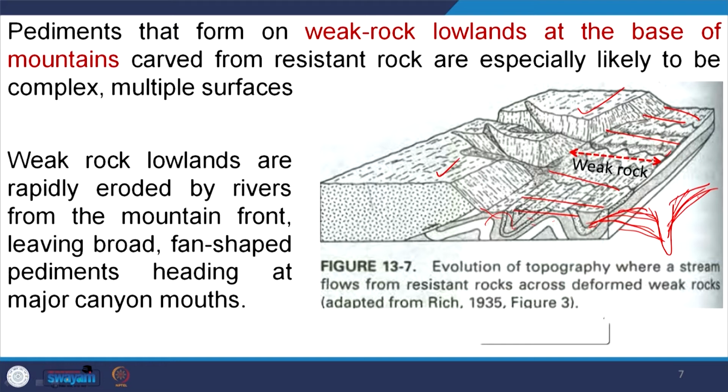Whenever a gorge is formed, this upper part, this pediment surface, was filled with gravels eroded from the mountain front. Now, once this system is eroded from both sides, these gravel masses fall within the system, and this pediment surface is gradually reducing.